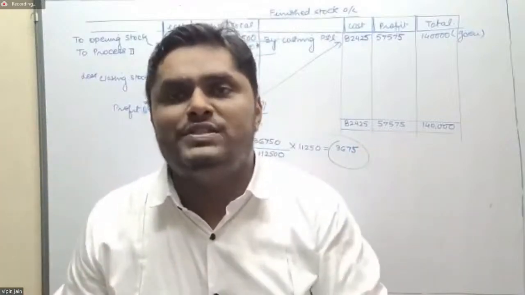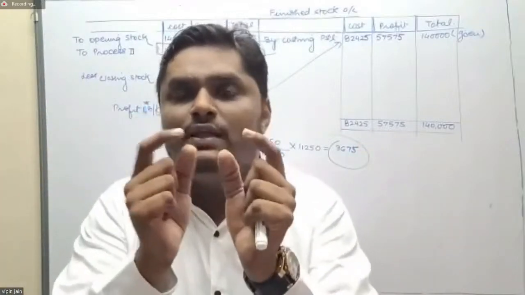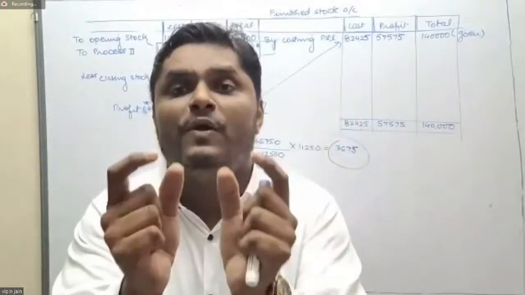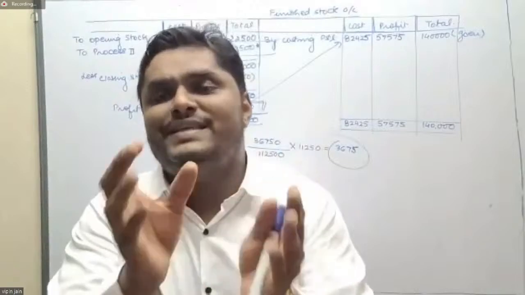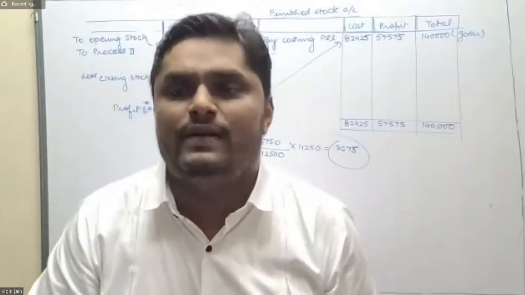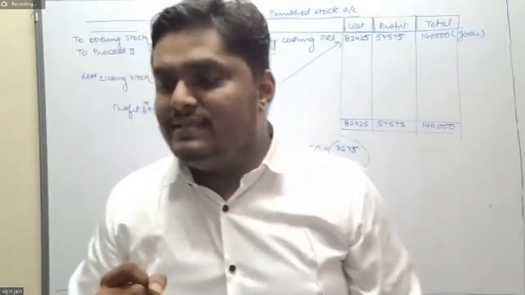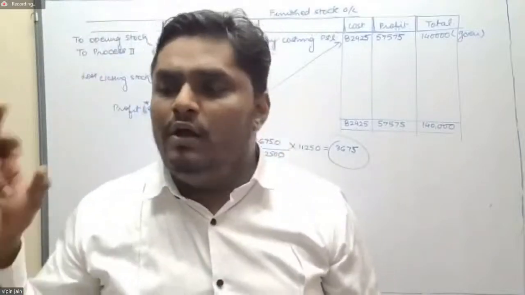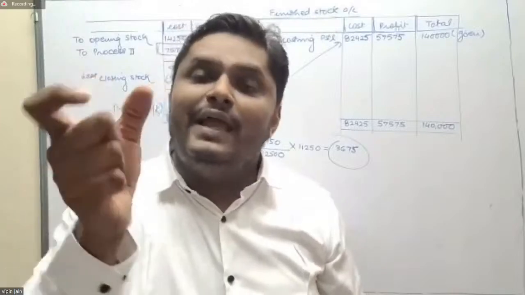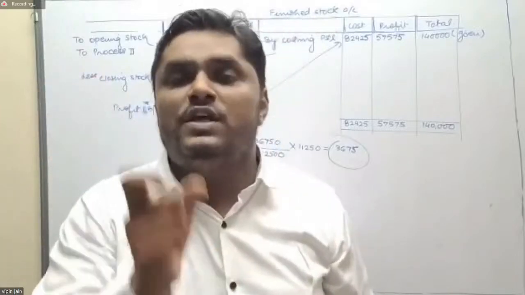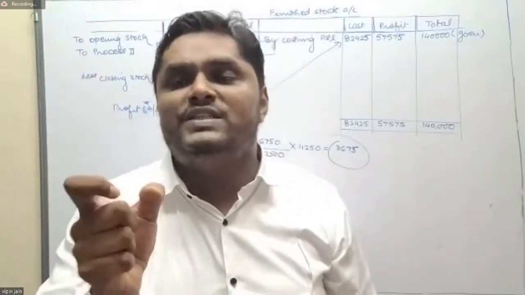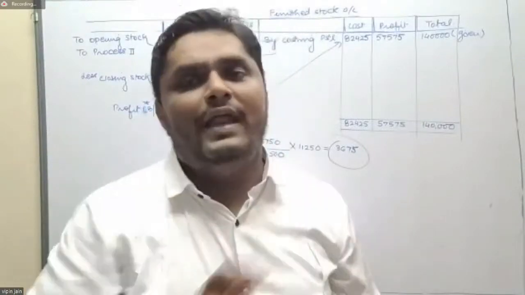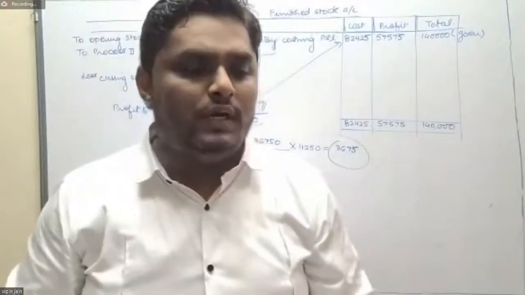But yes, in process second, the input includes the profit that is basically considered at process first level. I repeat again, guys, at process first there is no profit involved, whereas in process second the input is received from process first, which is itself at profit. That's why I have taken in the total column minus the profit, and this is how we calculated the total cost.